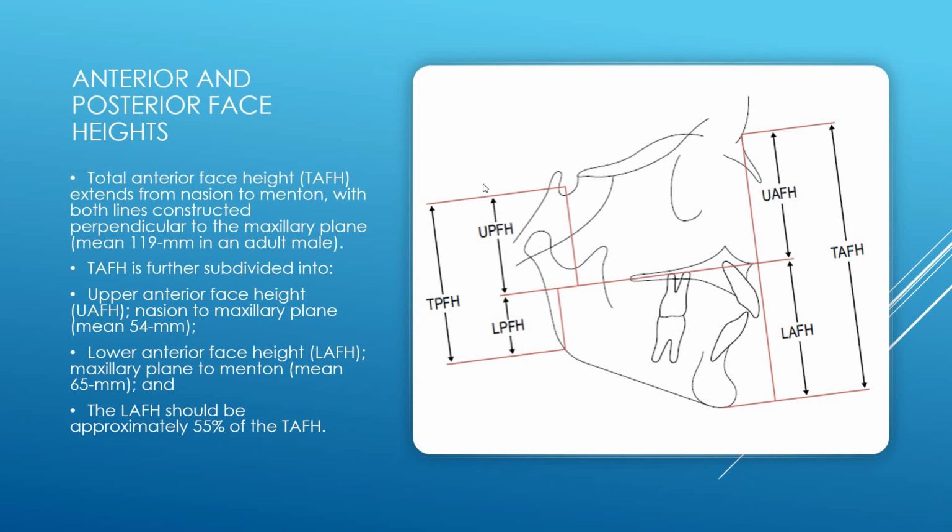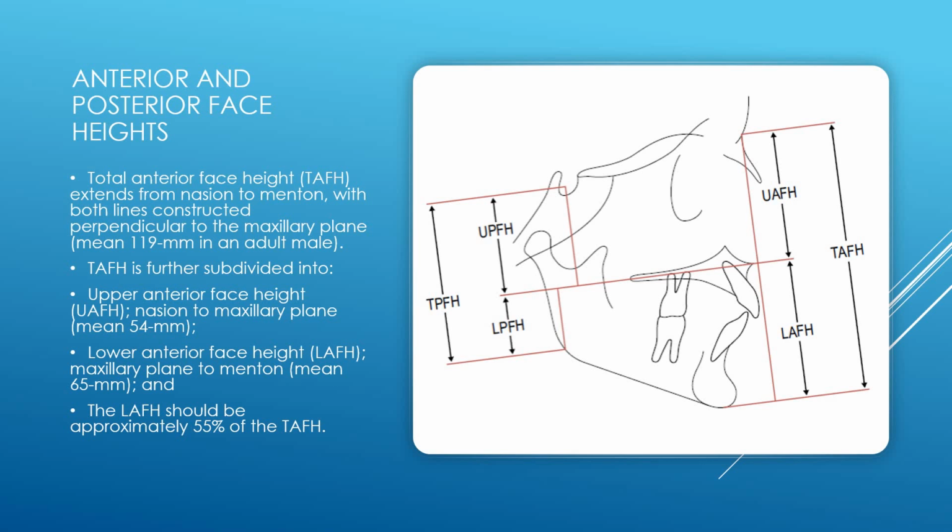Then we evaluate the total posterior face height, which extends from sella to gonion, with both lines constructed perpendicular to the maxillary plane. The maxillary plane goes through the anterior nasal spine and the posterior nasal spine. Upper posterior face height extends from sella to maxillary plane, and the average mean is about 46 millimeters.